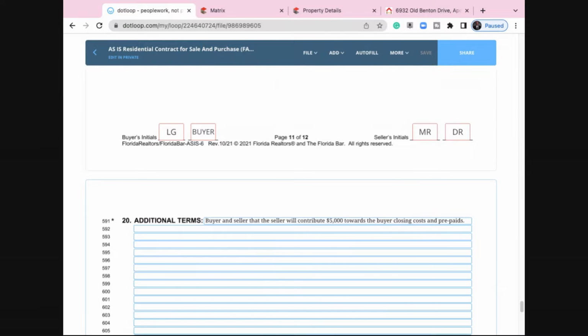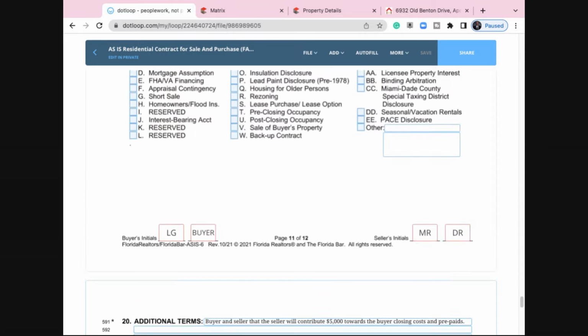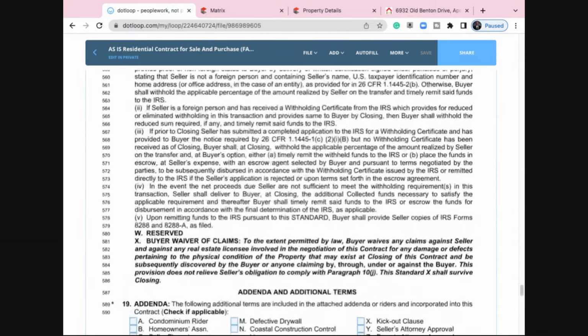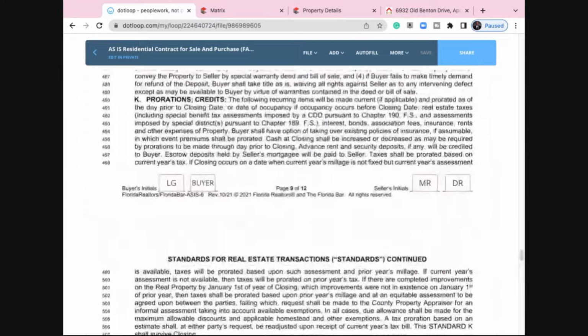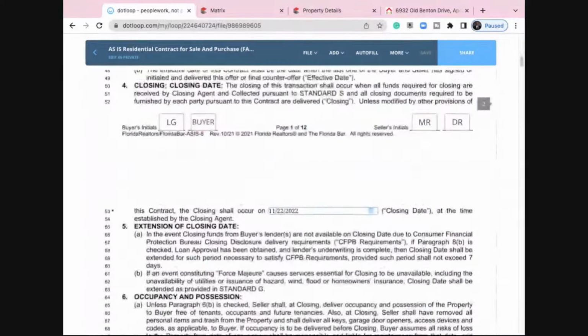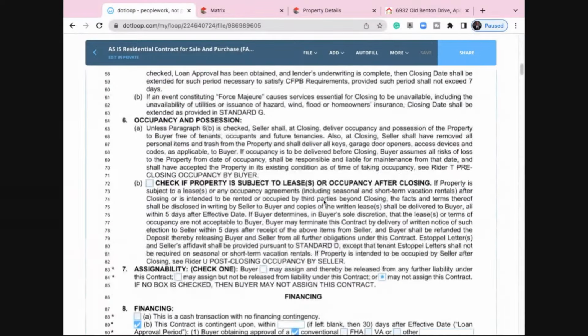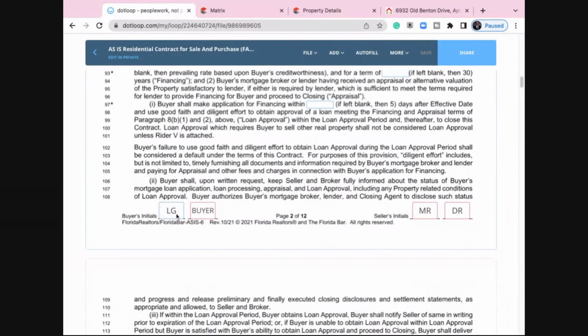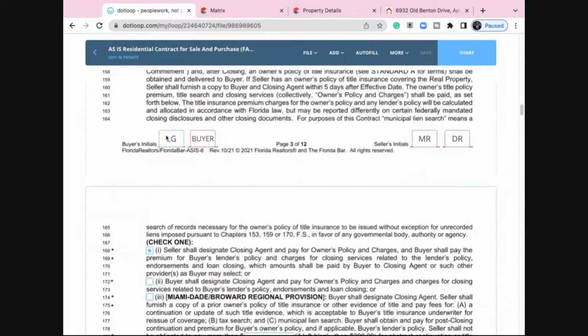And you will send this to the buyer, your buyer, for signature. If you're using .loop like we're using now, then you can actually send it electronically to them. Or, you can actually just print it out and have the buyer sign and initial each page. So starting at page 1, as you can see, there's an initial on every page.